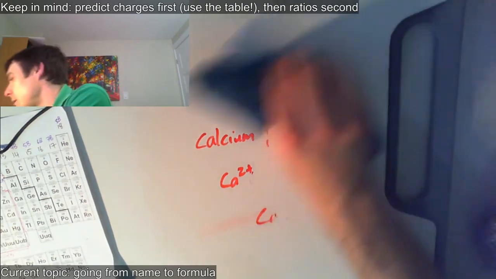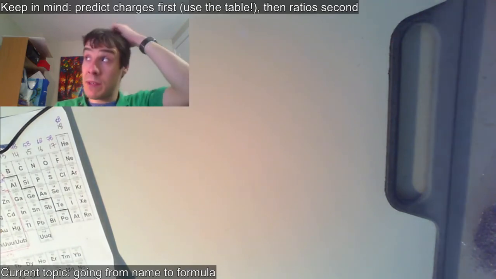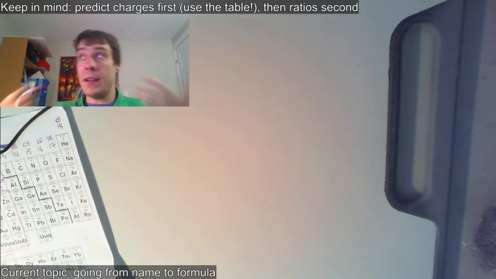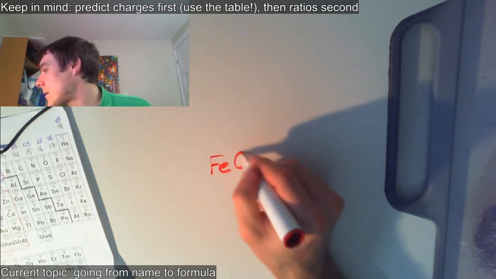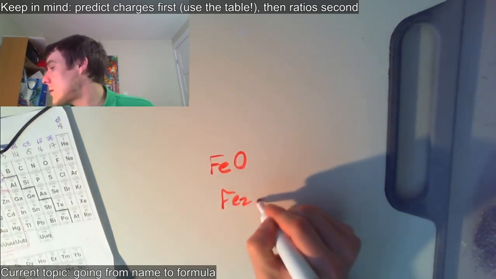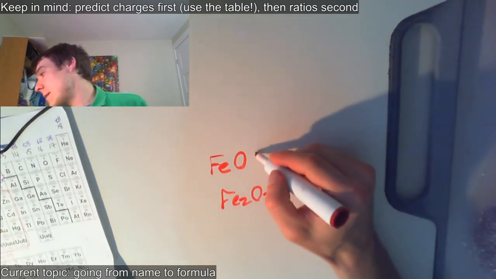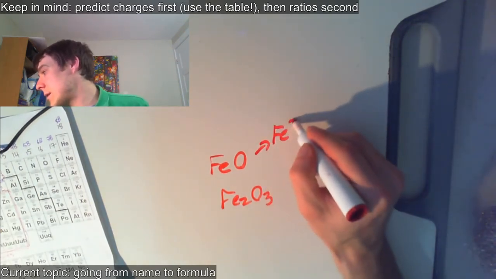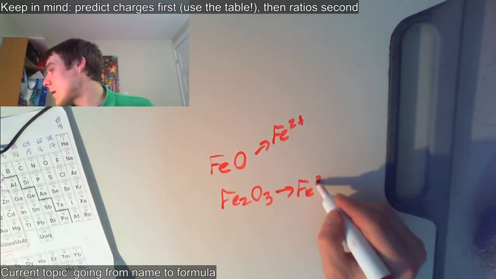Just one quick detour into what's coming next, which is going to be more complicated ionic compounds. We're going to talk about compounds like FeO and Fe2O3, both of which are perfectly acceptable compounds because this is iron in a 2 plus state and this is iron in a 3 plus state.